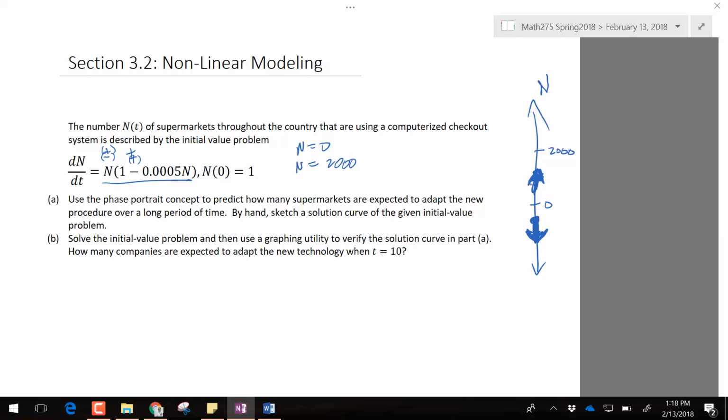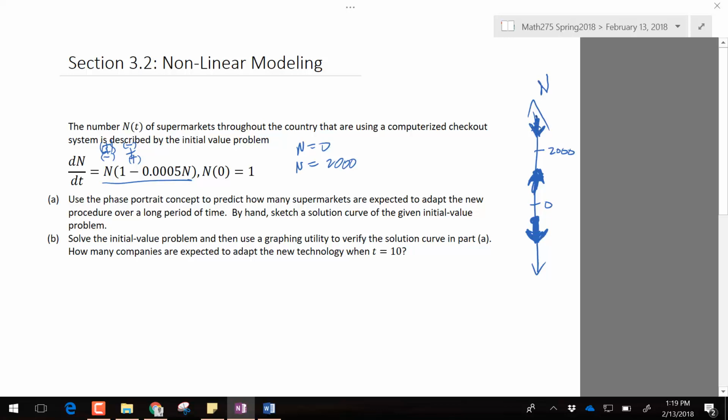And let's see if 2000 is a stable equilibrium. For that, we have to check a number that's bigger than 2000. You're still positive for the n, and then you have 1 minus this thing. If you put in a number greater than 2000, this negative sign will dominate, so this is going to give us a negative value.